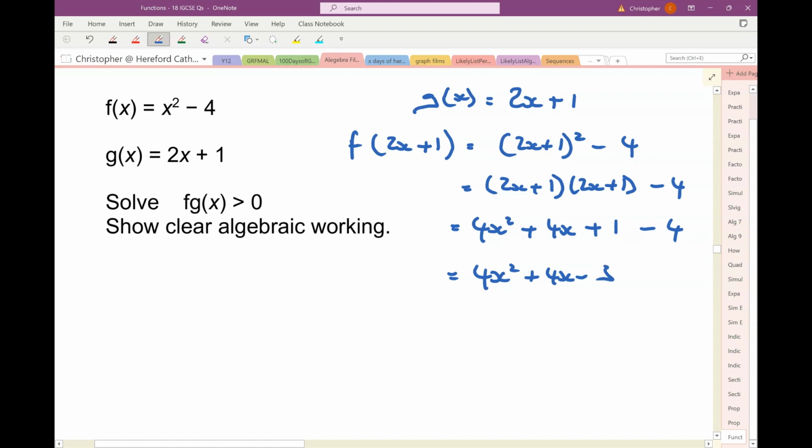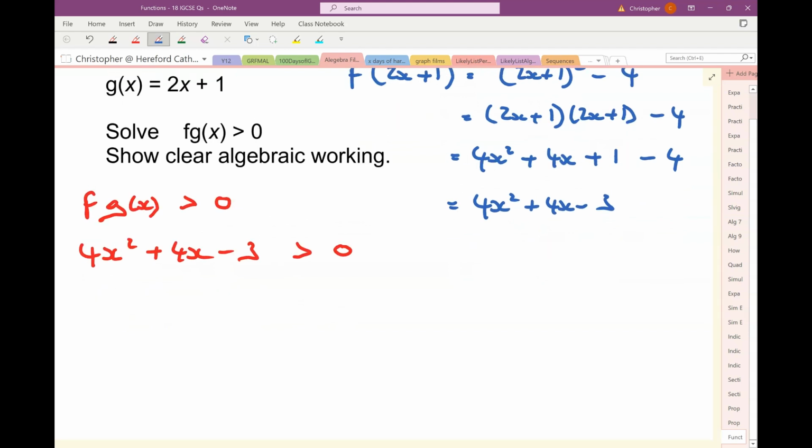So that is fg of x, and I'm being asked to solve the inequality fg of x is greater than 0, which of course is the inequality 4x squared plus 4x minus 3 is greater than 0. Right, well, I'm thinking in my head of this equation now.